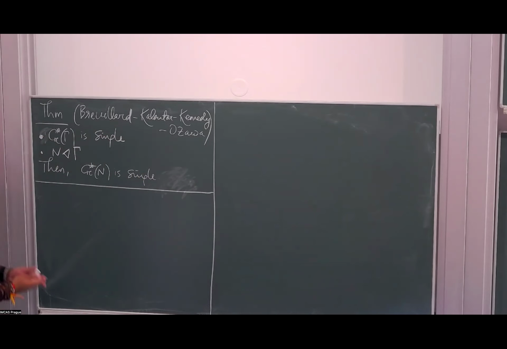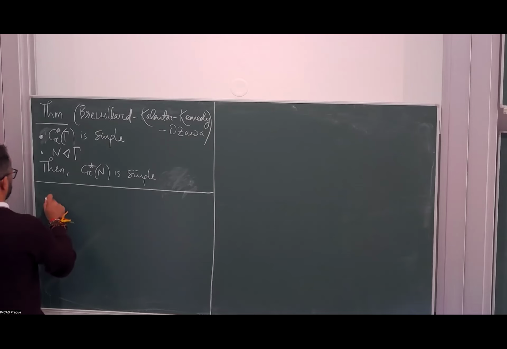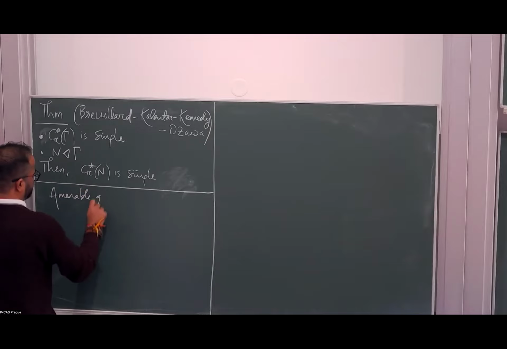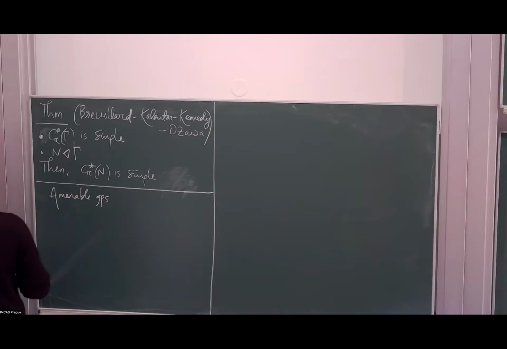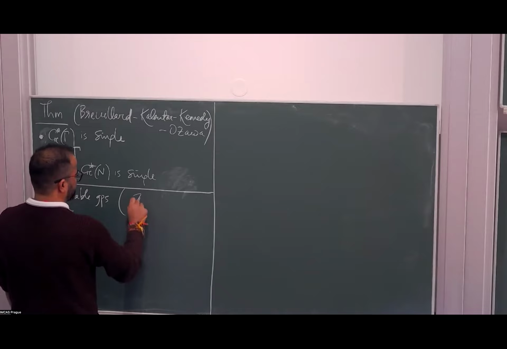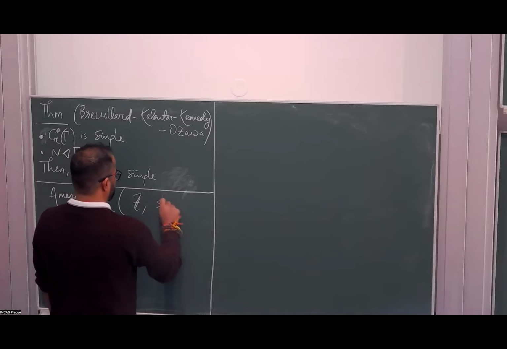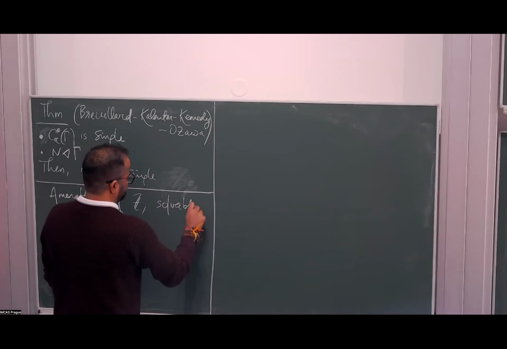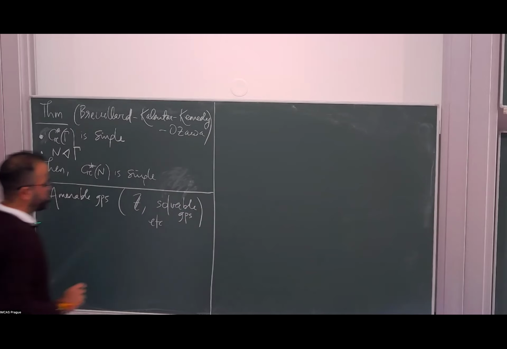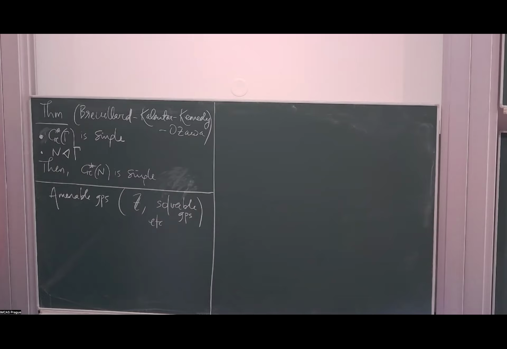And of course, on the other side of the world, there are amenable groups, right? For example, the free group was very far from being amenable. Then we have the integers, solvable groups, and so on. This just means that the reduced group C-star algebra is not simple.